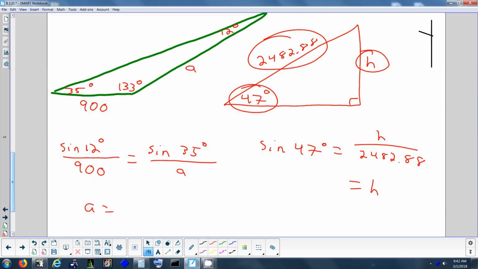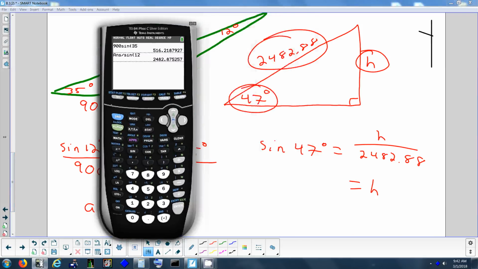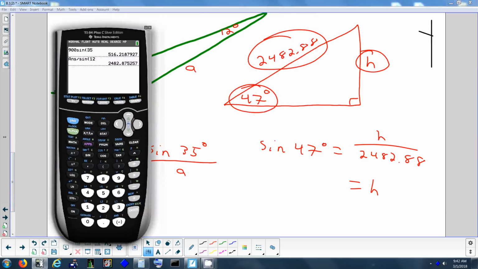And what would be my last step to get the height by itself? Well, I use inverse sine. Wait, no, we don't need inverse sine. Multiply by the hypotenuse.